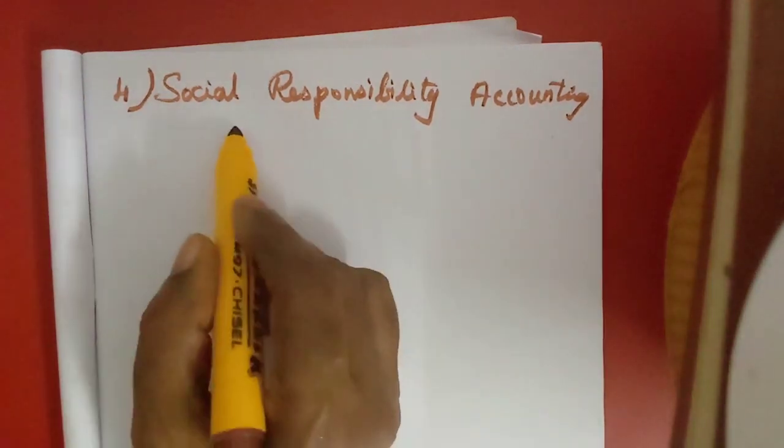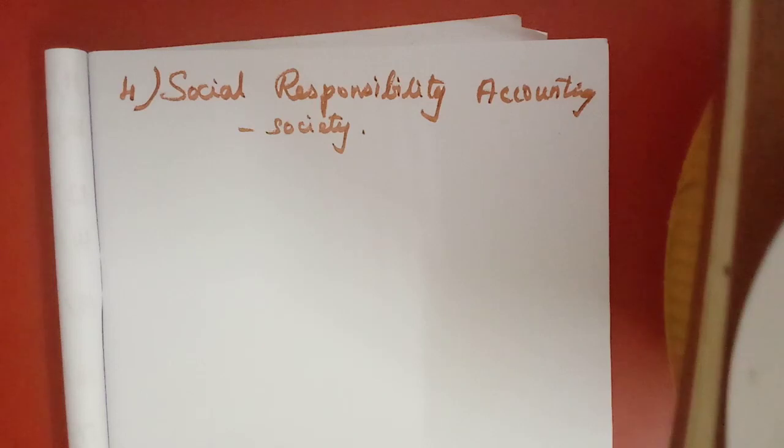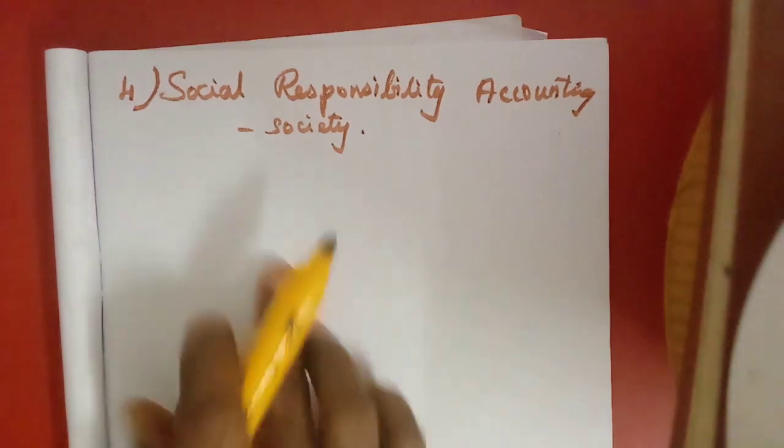What do they do in social responsibility accounting? Here, the business concern has some obligations to the society, since it is situated in the midst of a society. The customers, the employees and the government, everything is considered as the society, isn't it?